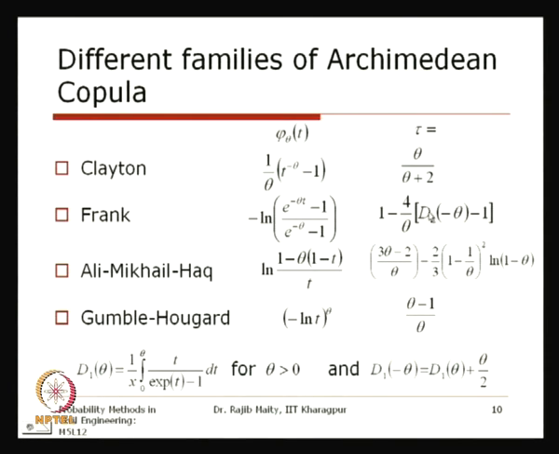Now, what this first order Debye function is, is explained here. It is 1 by theta times the integral from 0 to theta of t by exponential t minus 1 dt, in case theta is greater than 0. Otherwise, for the negative one, D1 of minus theta is equal to D1 of theta plus theta by 2.